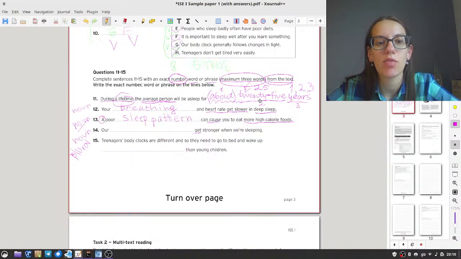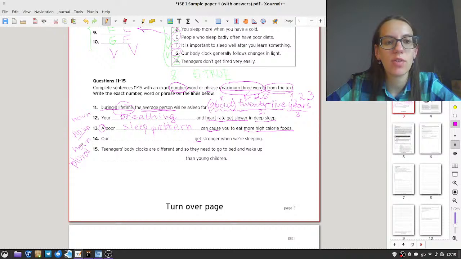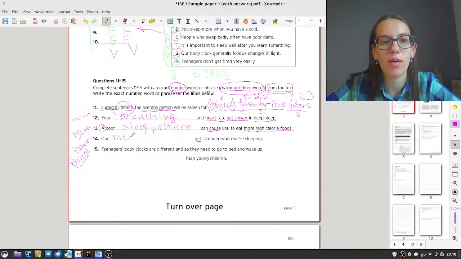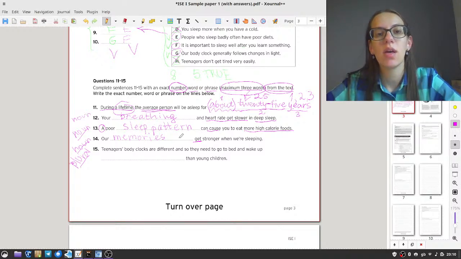Our memories get stronger. Now, does it work? Is it a noun? Yes. Is it plural? Yes, memories. The things we remember. So it makes sense. Get, not gets. Notice that it's get.